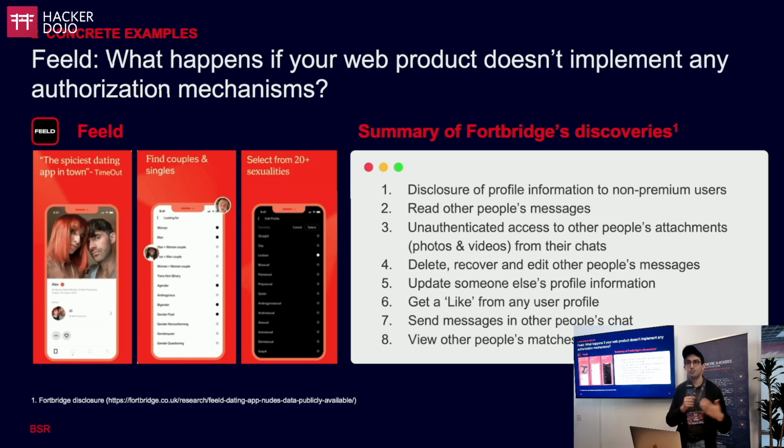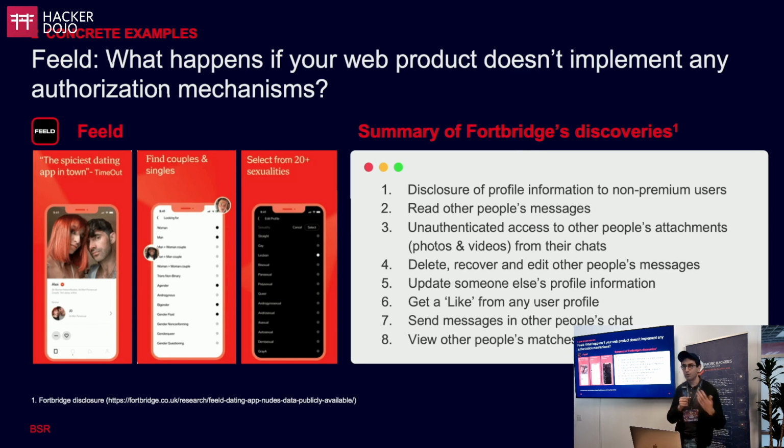So you could effectively send messages on behalf of other users without them even knowing, because you don't have their password or anything. You're not authenticated as that user, but you're able to act on their behalf because of this authorization vulnerability. So the app itself was effectively a total free-for-all. If you were aware and sophisticated, you could go through everyone's messages and act as them.